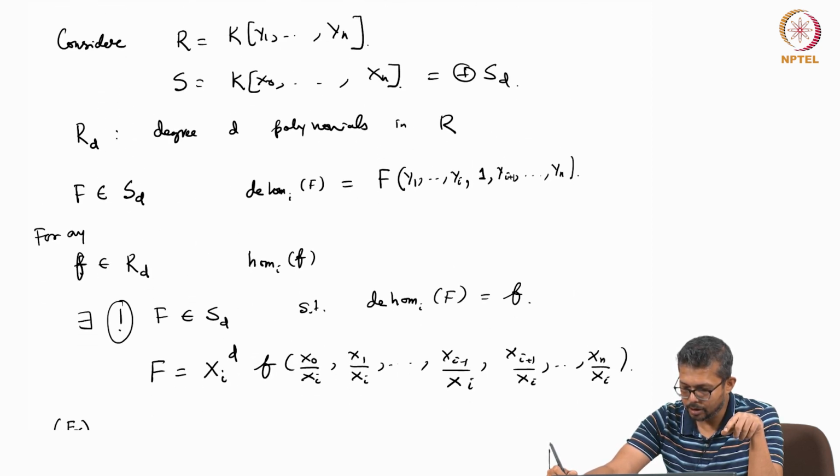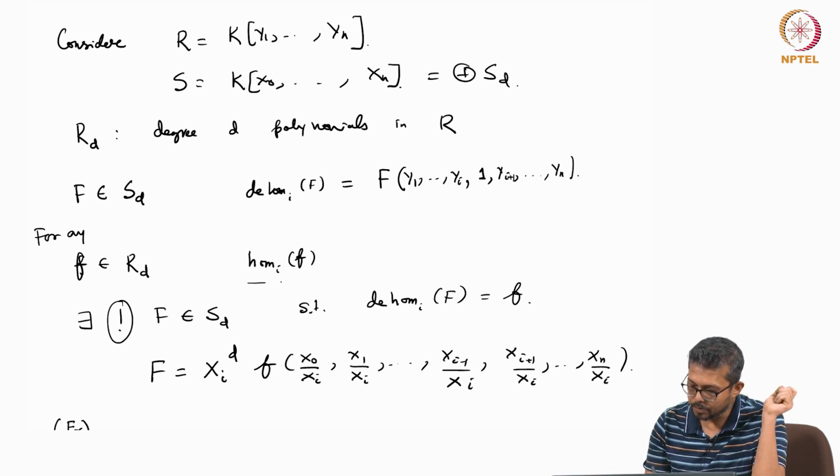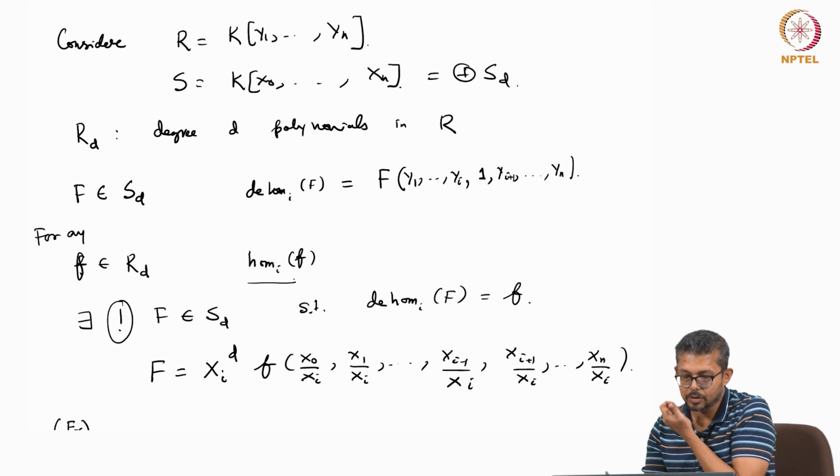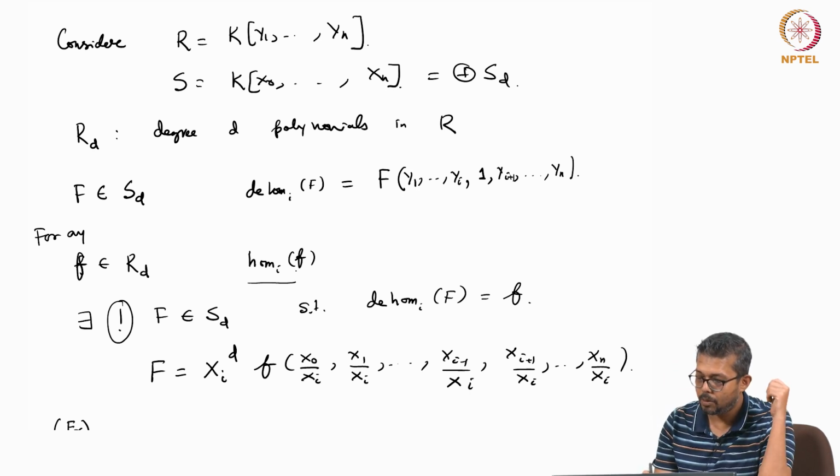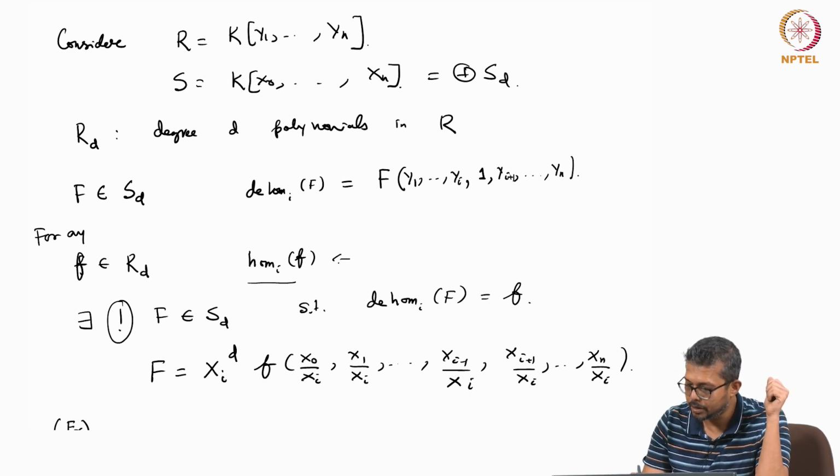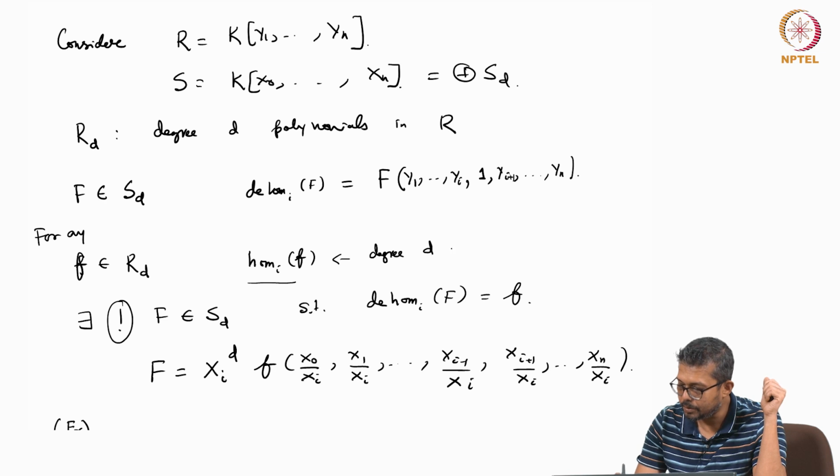you can homogenize, right? So this is what I denoted by hom f, and this will be a degree D homogeneous polynomial. If f is a degree D polynomial, this is a degree D homogeneous polynomial.